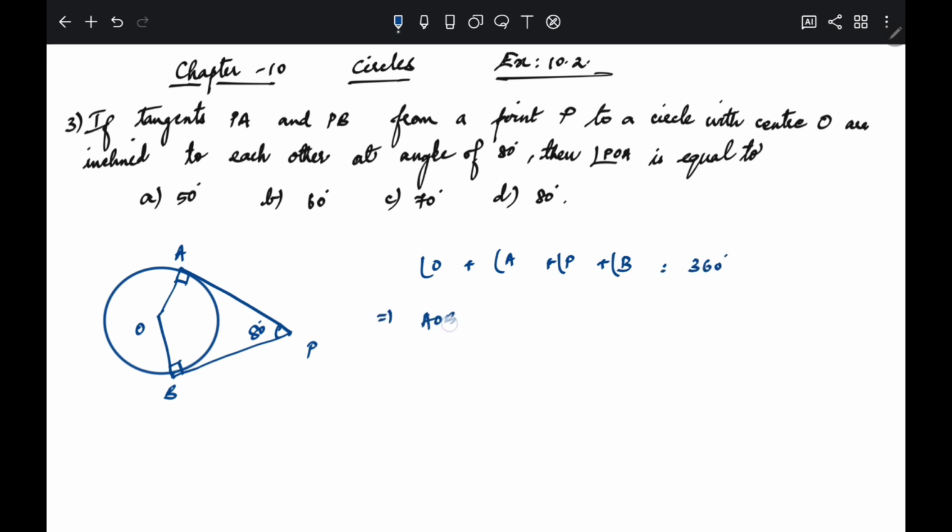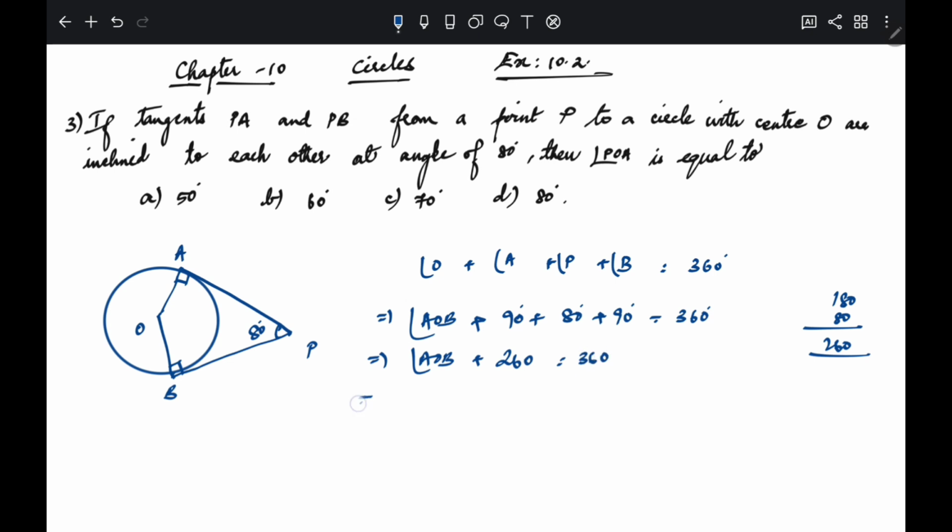Angle AOB plus 90 degrees plus 80 degrees plus 90 degrees is equal to 360 degrees. Angle AOB plus, 90 plus 90 is 180, 180 plus 80 is 260, equals 360, which gives us angle AOB is equal to 360 minus 260, that is 100 degrees.